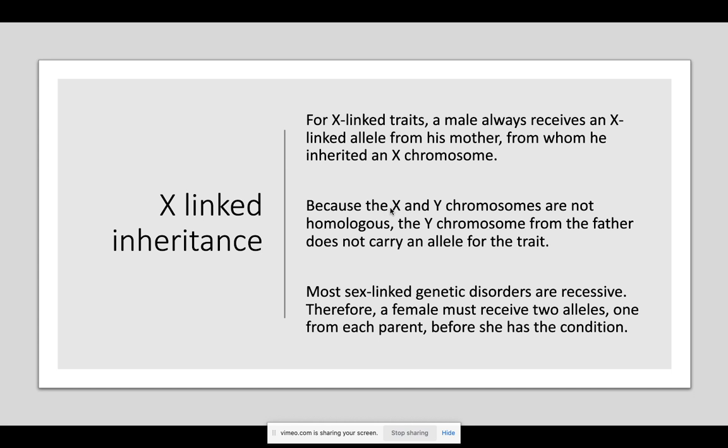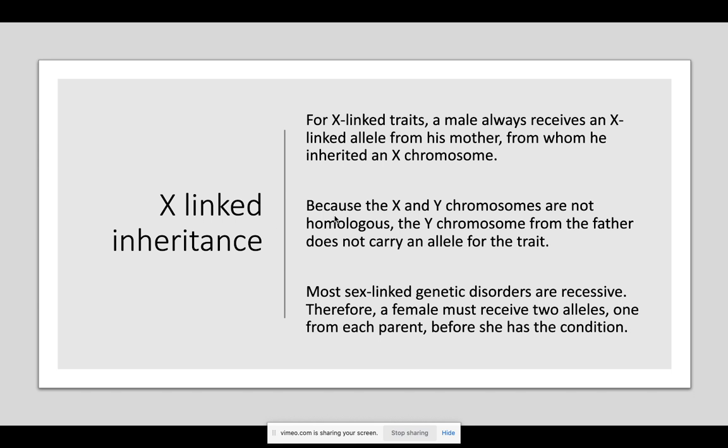That's very important because when we deal with these X-linked recessive traits or disorders, we're going to see that most of the time inheritance is passed from mother to son, because you get your X chromosome from your mother, and you inherit your Y from your father in the case of males.